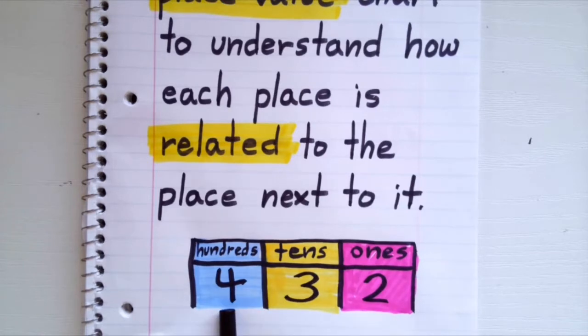All right, we start with the hundreds and say 432. We know how to say each of these digits because of where it is. Where something is called its place. The place where the 4 is, is the hundreds place. So we know that it's 400.